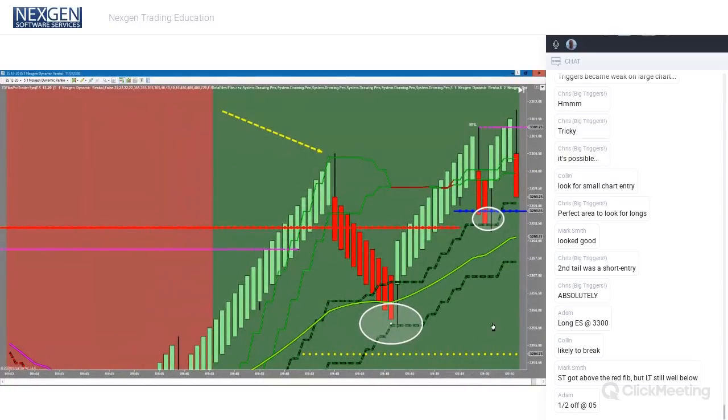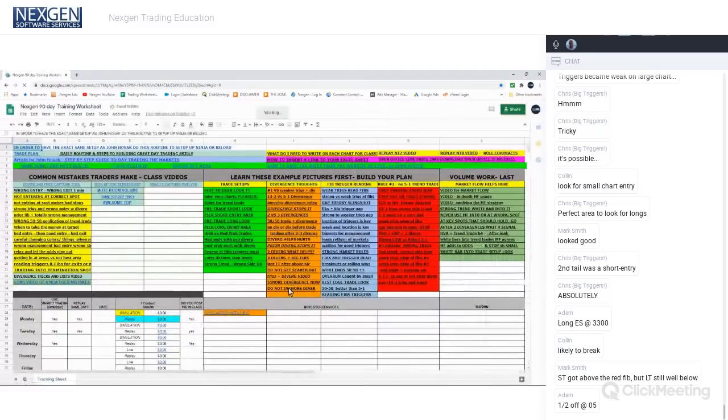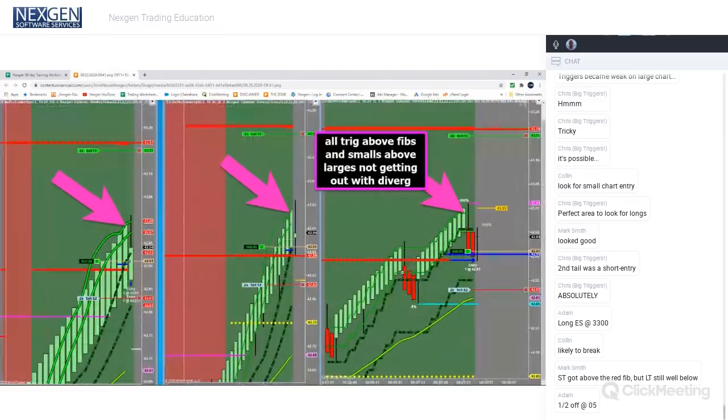Anyway, for some of you, you'll wait for it to break and then you'll get scared out at divergence, but then you realize triggers are still really strong and you go back to the original thought we had. If the triggers are really strong, ignore divergence. And you'll be like, God dang it.